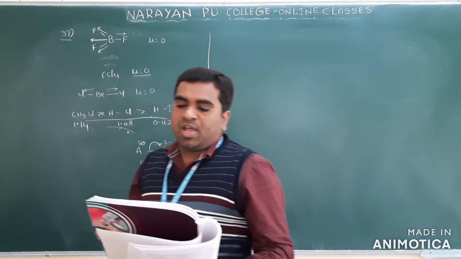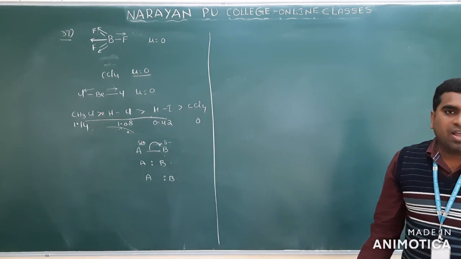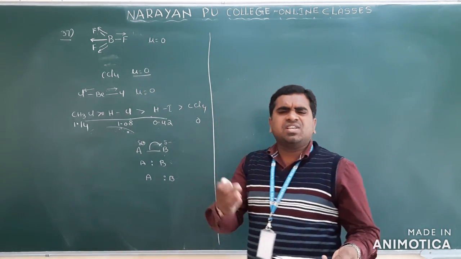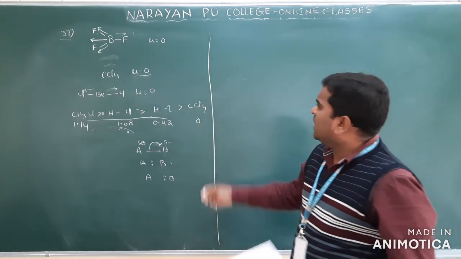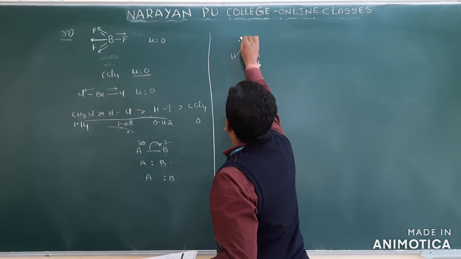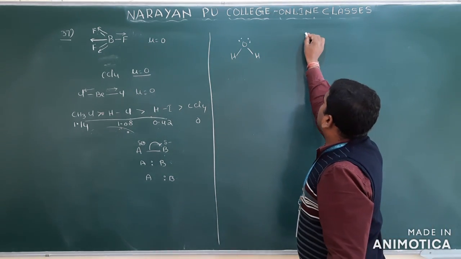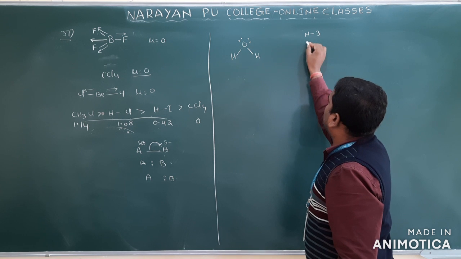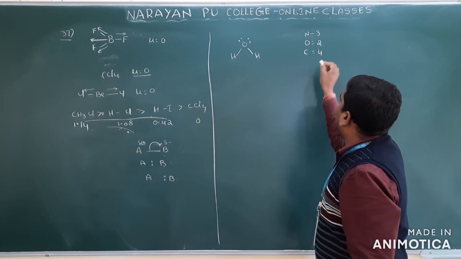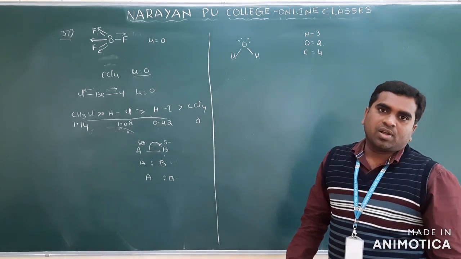40. Which of the following has the least dipole moment? If you write the structures, by seeing them you can easily say the answer. If you take water, how many lone pairs of electrons are there on oxygen? 2. Now remember, nitrogen will form 3 bonds, oxygen will form 2 bonds, carbon will form 4 bonds, and halogens will form 1 bond.